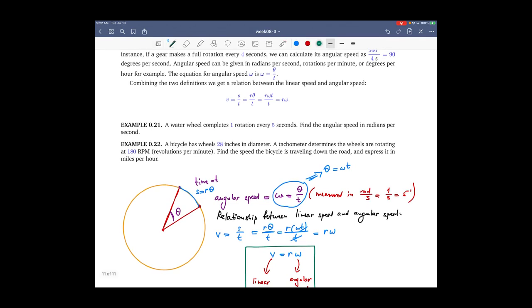Well, one rotation corresponds to a radian measure of 2 pi, and one rotation every 5 seconds simply is the angular speed of 2 pi over 5 radians per second.